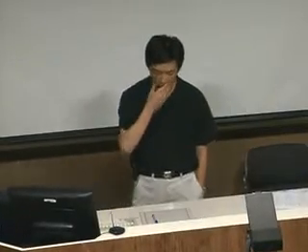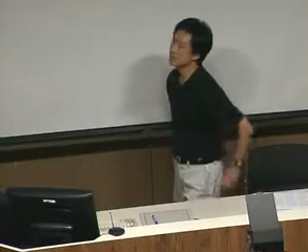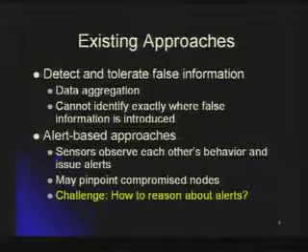The problem of compromised sensor nodes has been recognized in the literature, and several approaches have been proposed. Basically, those approaches can be divided into two categories. In the first category, people try to detect and tolerate the false information introduced by compromised sensor nodes. For example, in data aggregation, we may introduce redundant sensor nodes, or we may do some random sampling.